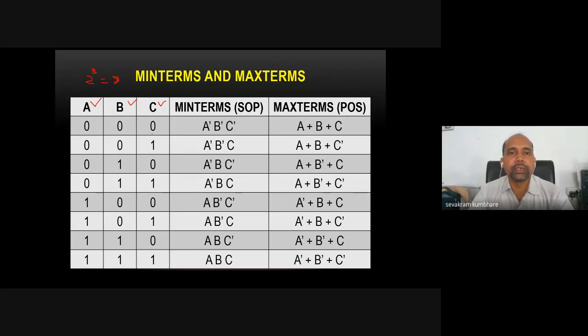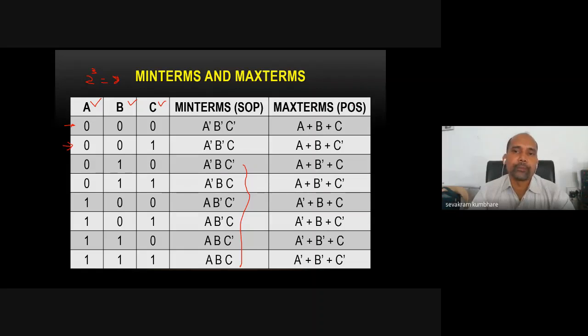So the minterm for this combination can be written as A bar B bar C bar. In the same fashion, we can write down the minterm for this combination: A is equal to 0, that's why A bar, B is equal to 0, that's why B bar, and C is equal to 1, so C. In the same fashion, you can write down the remaining ones.